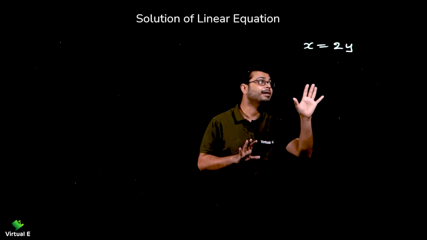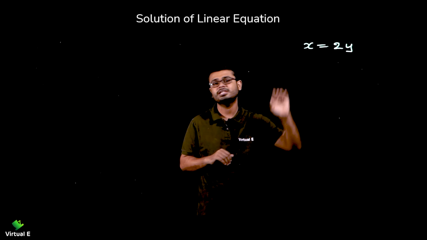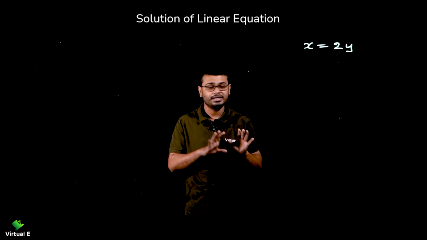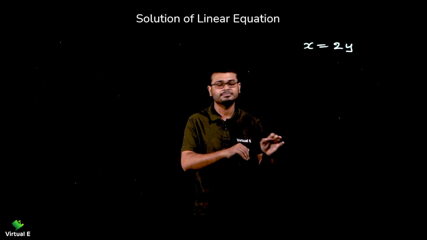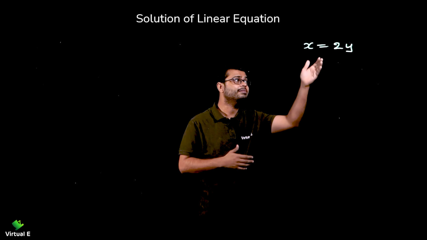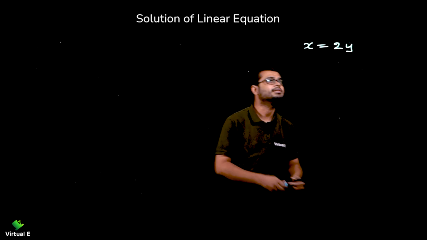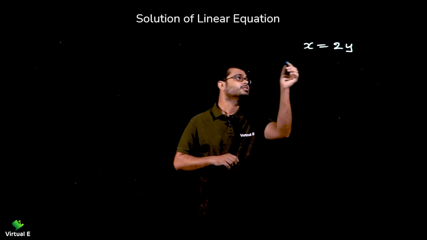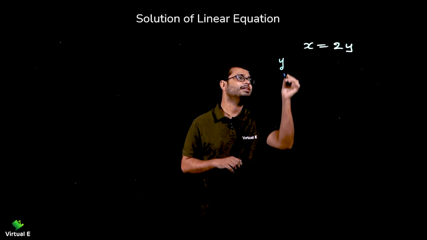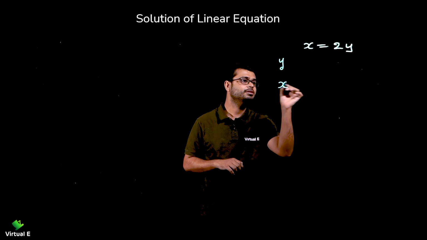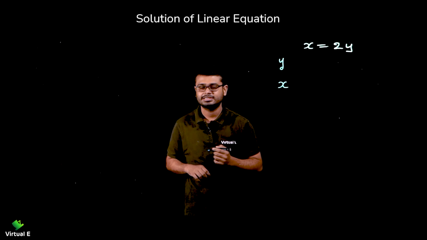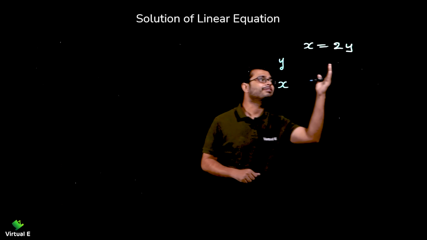Some people have the habit of always making y the subject. I will not prefer that. Make the subject the variable that is easier for you. So I will be keeping it as it is. Let's not change it. We'll take the values of y, and as a result we'll get the value of x.